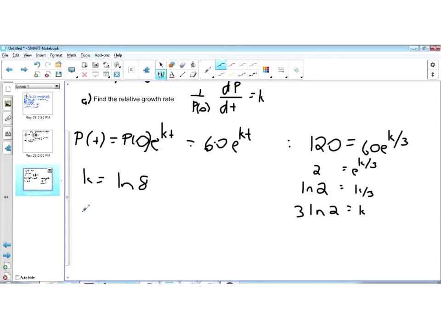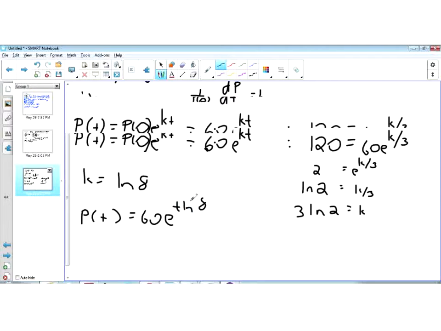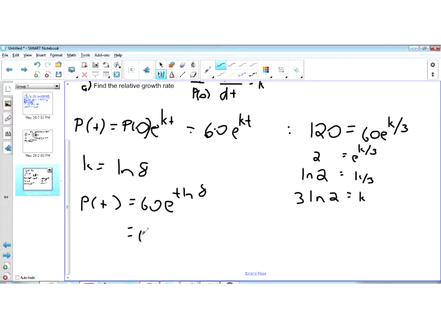So therefore we have an equation: the population at time t is equal to 60 times e to the t times k, which is the natural log of 8. Remember, the coefficient of the natural log becomes the exponent of the argument.